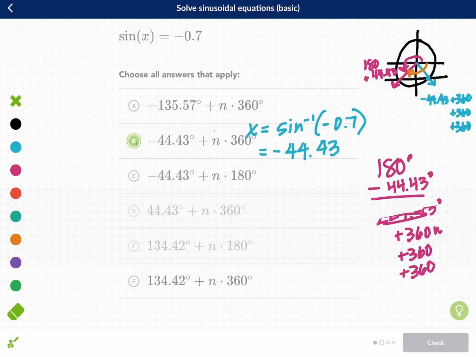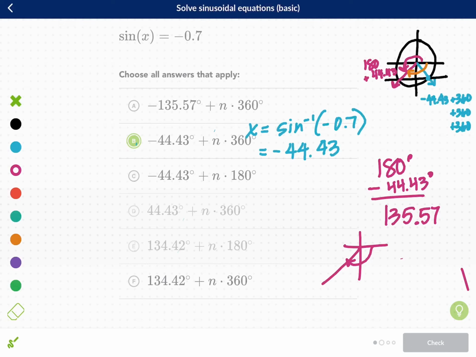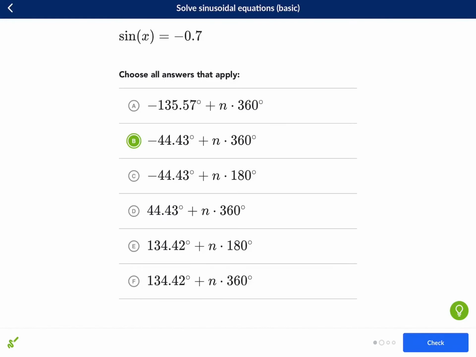And when we do that, we get a negative angle of 135.57. So going backwards, that would be rotating negative 135.57. And I do see that there. So that's the angle we want to choose.